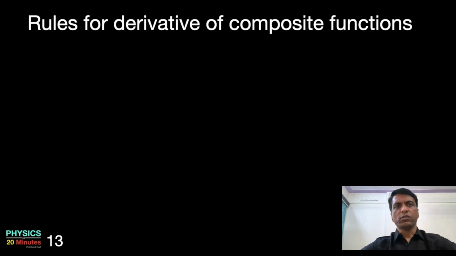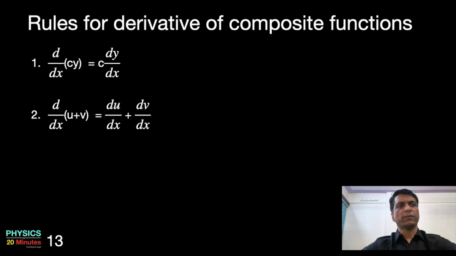Here are some rules for the derivative of composite functions. They are very important. d by dx of a constant multiplied to a function is constant into derivative of the function. So d by dx of c y is c into dy by dx. Derivative is distributive. d by dx of u plus v is equal to du upon dx plus dv by dx.